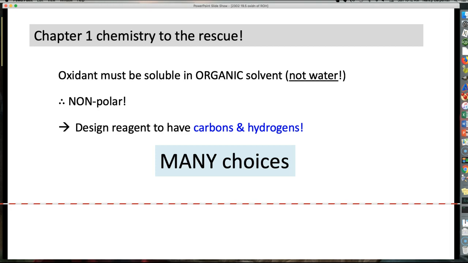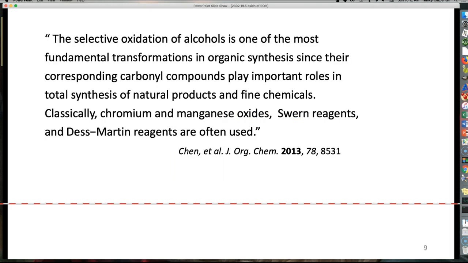The one that your book gives you is another chromium reagent. And as this quote shows, being able to selectively oxidize an alcohol to an aldehyde is really important. There are many possibilities.